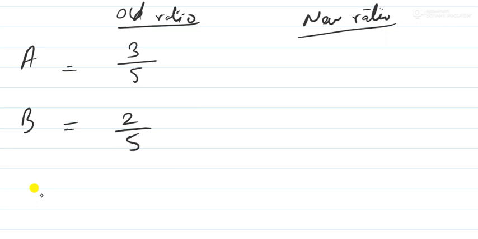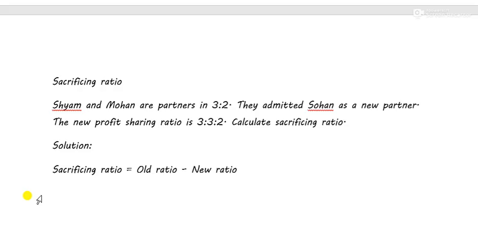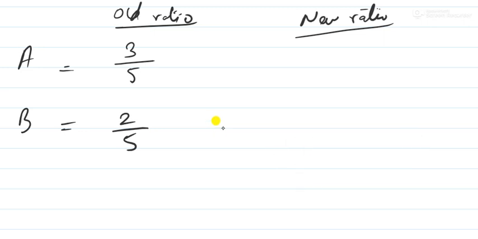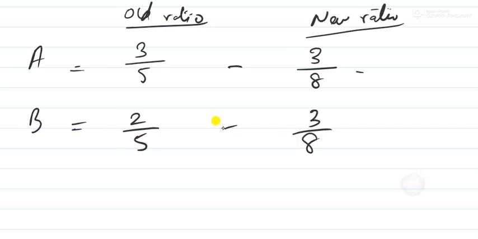Correct? Now the new ratio is 3 is to 3 is to 2, means the total share is 3 plus 3 is 6, plus 2 is 8. So the total share of A is 3 by 8, means the new ratio is 3 by 8, and here also the new ratio is 3 by 8. Now what do we do? Simple, we subtract them.